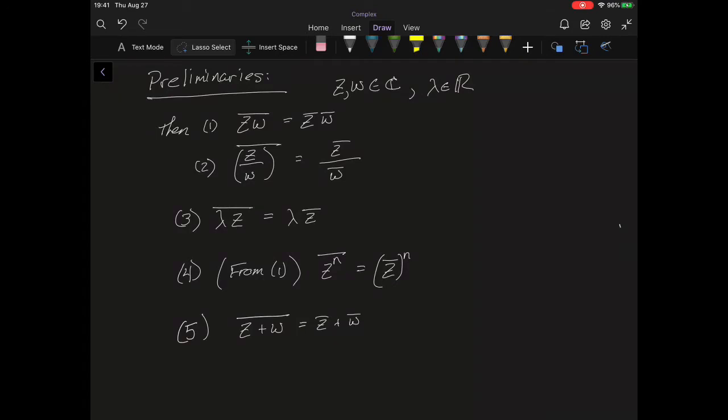From 1, we can imply that the conjugate of z to the n is equal to the conjugate of z to the n. And finally, we can split up the conjugate over additions. So the conjugate of z plus w is the conjugate of z plus the conjugate of w.